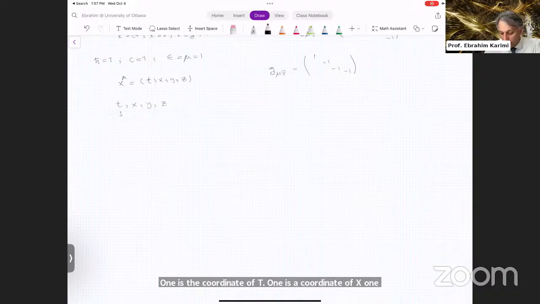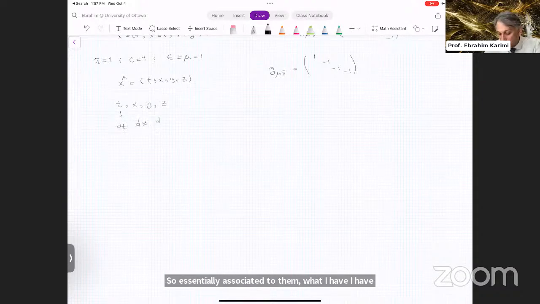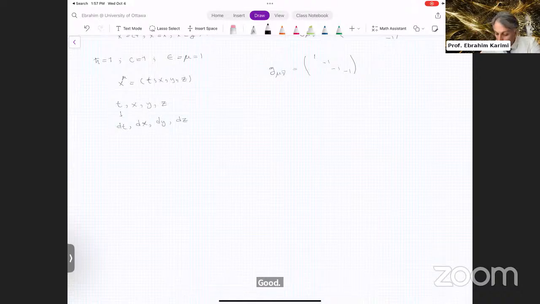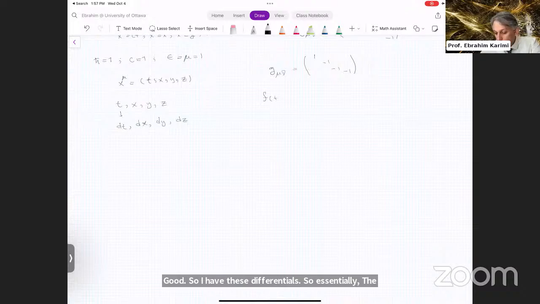Associated to them, I have the differentials dt, dx, dy, and dz. So essentially, the 0 form will be any function of t, x, y, and z. This is the 0 form in this space.